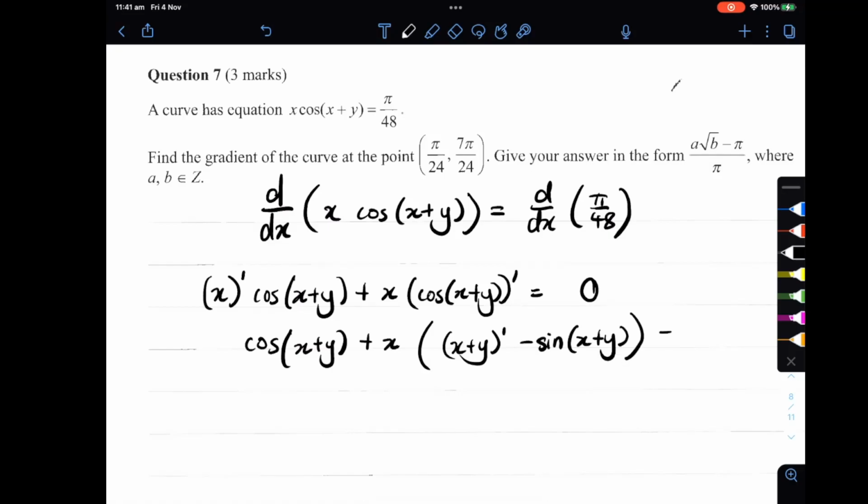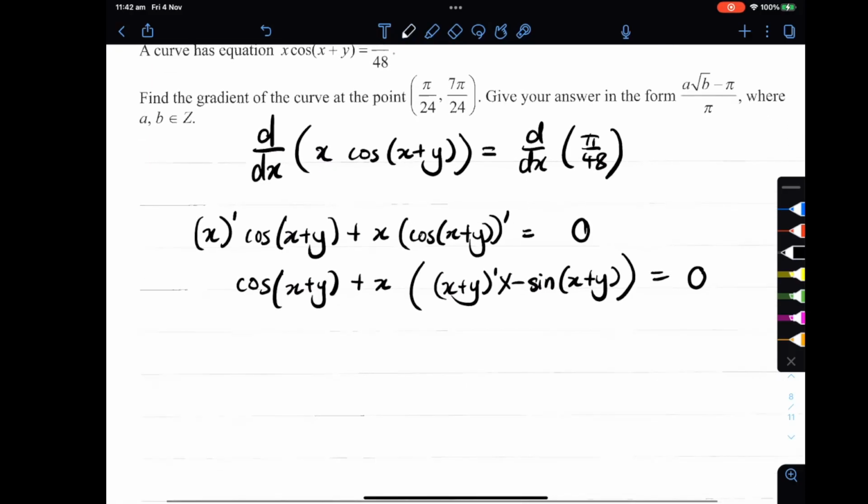That's what's going to happen. Okay. Bit stingy with the brackets, but that's probably how you should set it out.